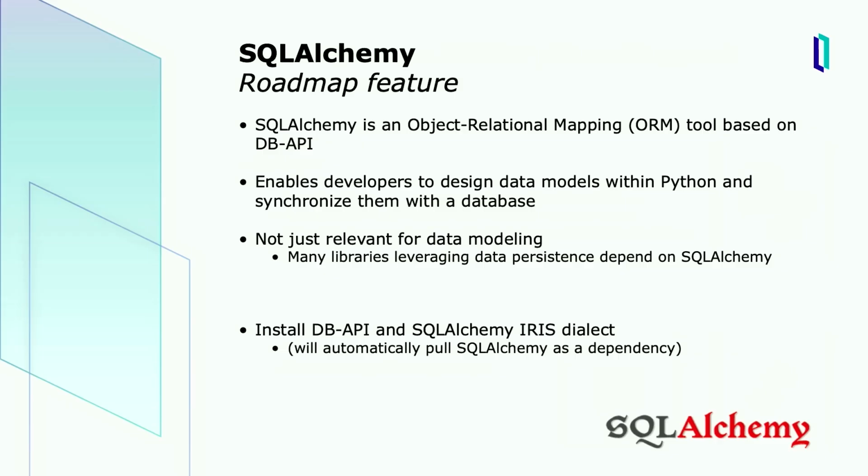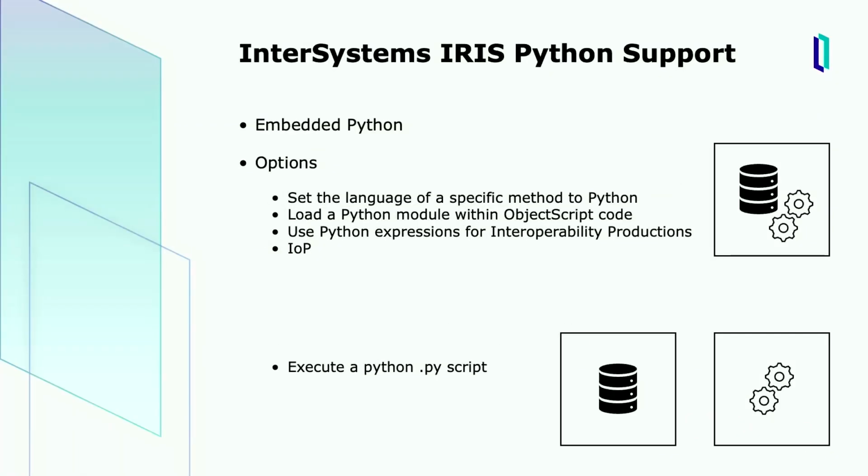Jumping forward a bit. There are also options for running Python closer to InterSystems Iris. This is what you typically hear of as embedded Python. There are a couple of options that you can pick here, and you're seeing those symbols again here.